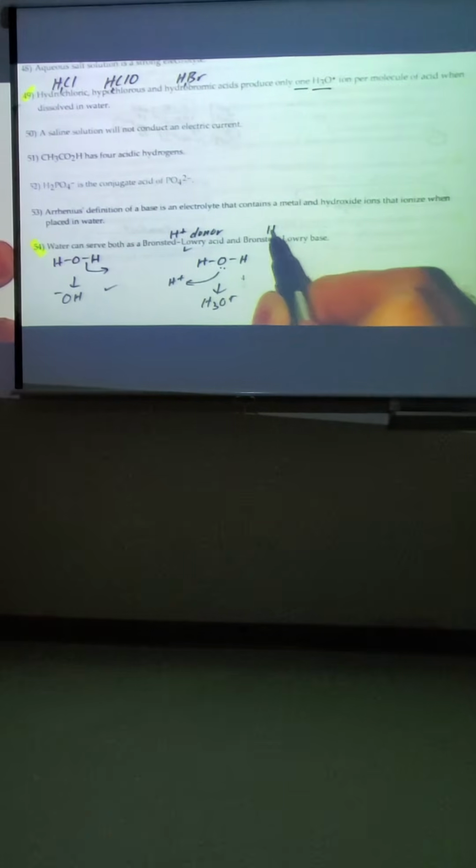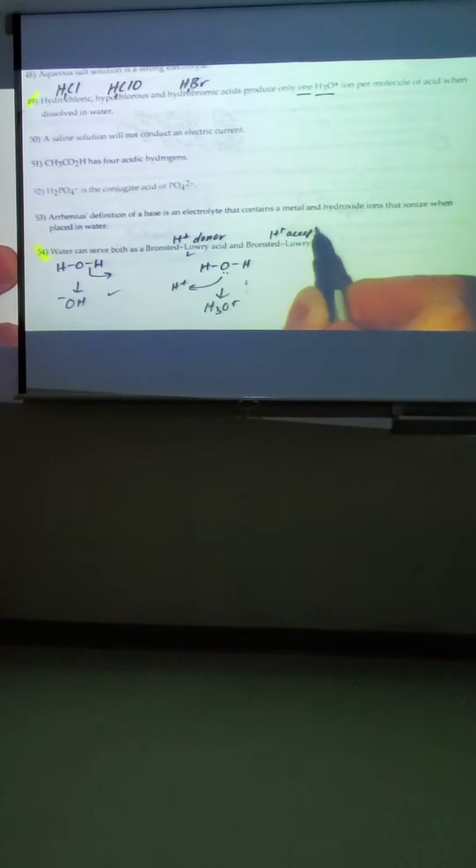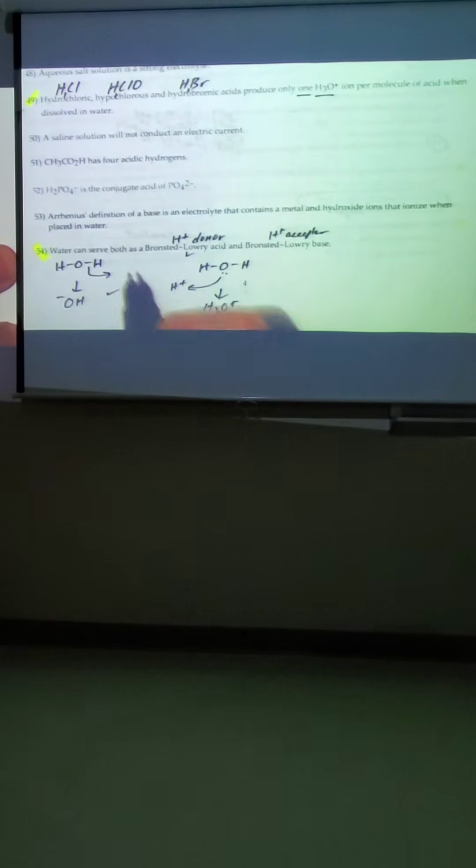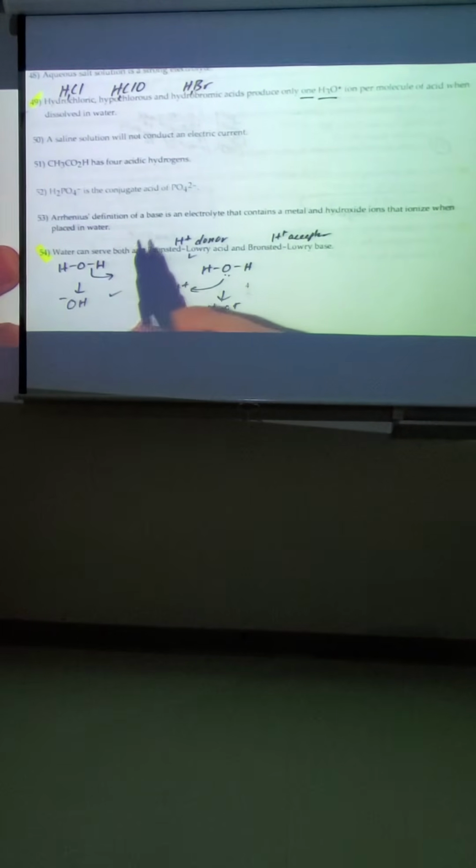And then to be a Bronsted-Lowry base, H3O plus could form because we could accept a hydrogen from somebody else and make H3O plus. So because it can accept, that's an H plus acceptor, and because it can donate, it can be both. So that is true.